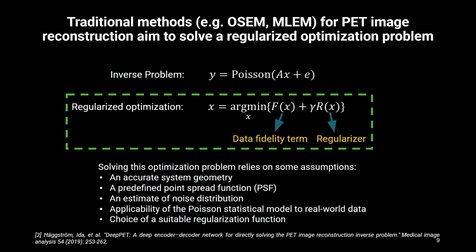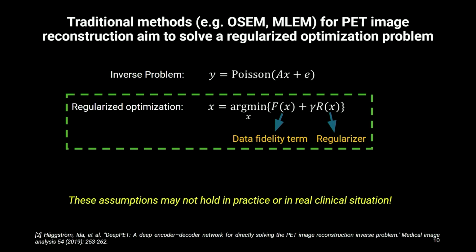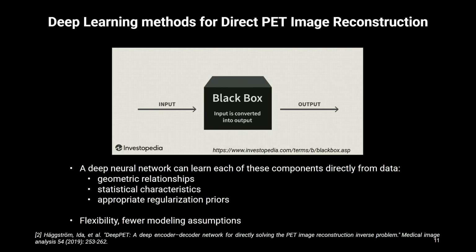However, we also need to rely on some assumptions when using such traditional methods for PET image reconstruction. For example, we need accurate system geometry, we need the point spread function, we need to know the noise statistics, and we may also need to choose a suitable regularizer. These assumptions may not hold in practice or in real clinical situations.